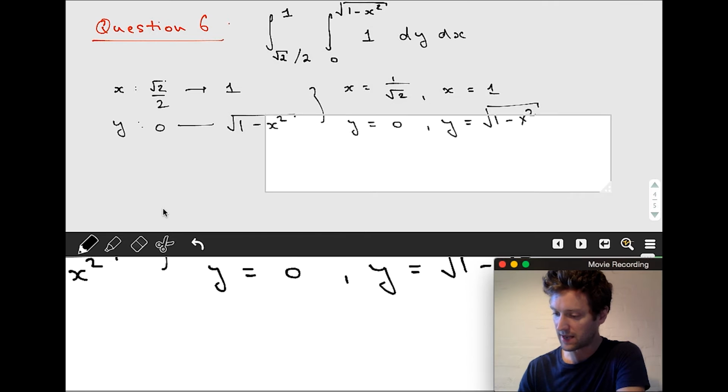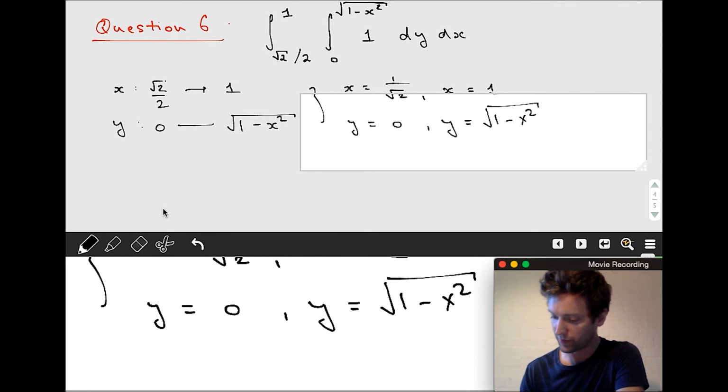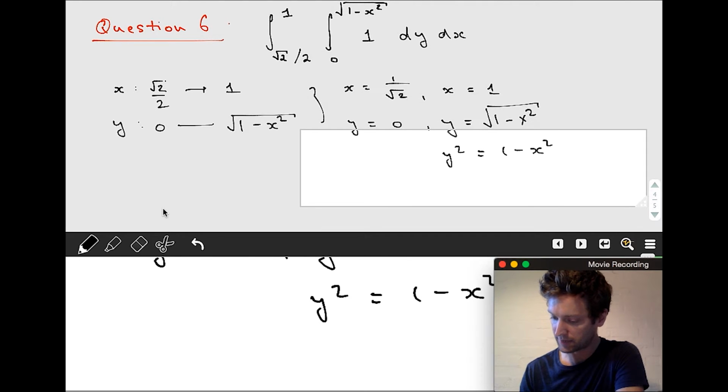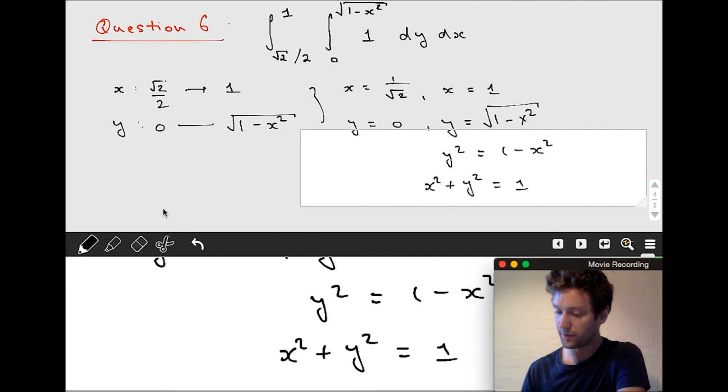Now what does that last one represent? Well, let's square both sides and rewrite it by bringing that x squared over to the left-hand side. So I get x squared plus y squared is equal to 1. So you see that this is the unit circle centered at the origin.